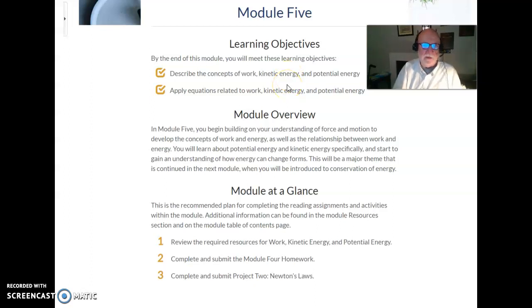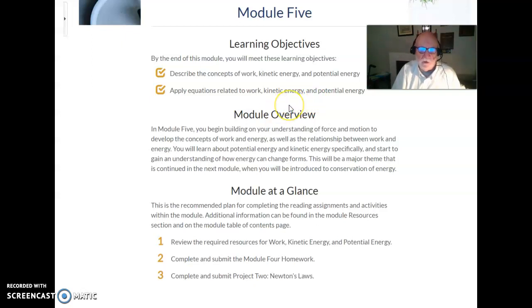We're centering on mechanics here because that's obviously our course title. We're going to begin to apply equations and problem solving about work, kinetic energy, and potential energy. Now, potential energy is when we convert at least partially gravitational potential energy into kinetic energy as we might drop something.